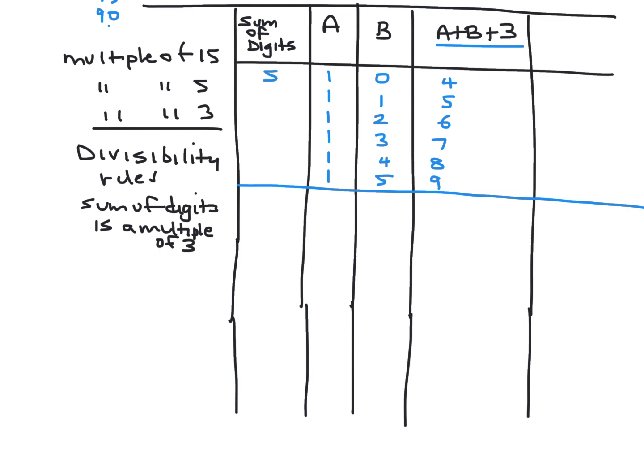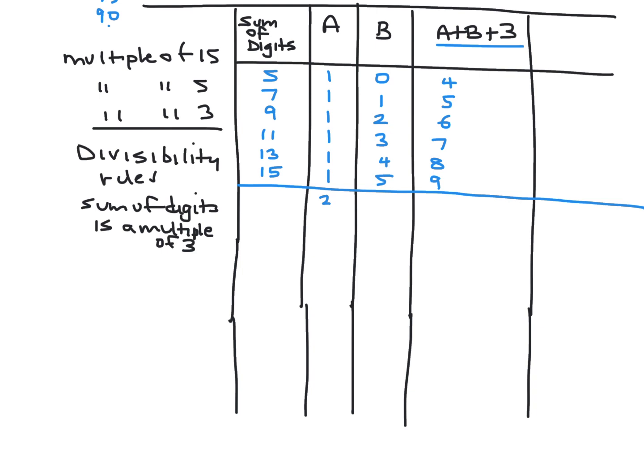Okay, so the sum of the digits, let's add those up. 7, 9, this is what, 11, 13, and 15, right? Okay, so we have to just do this full list for everything.